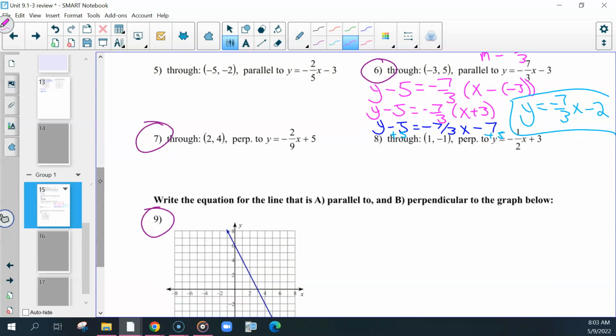For number 7, if this equation has to be perpendicular, what would our new slope be?